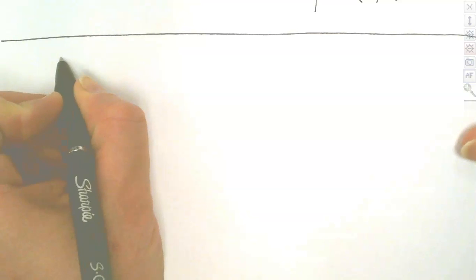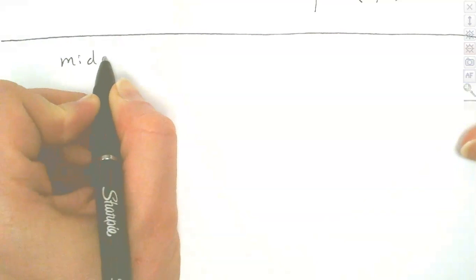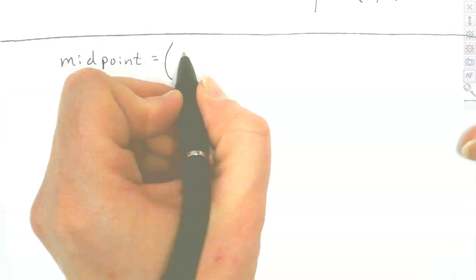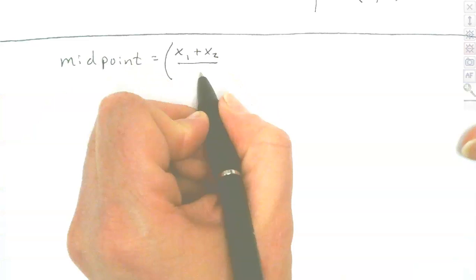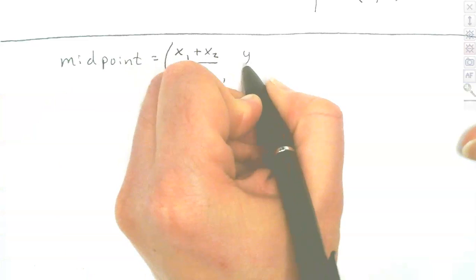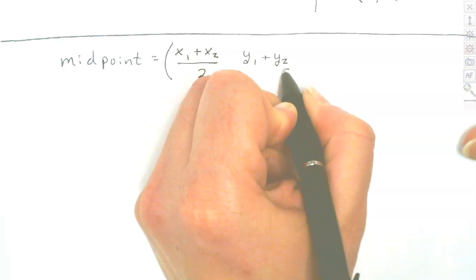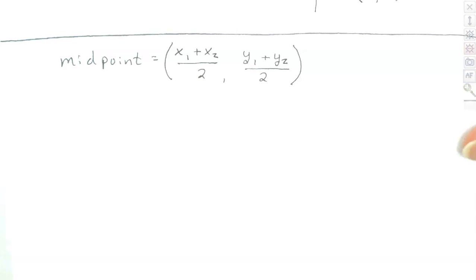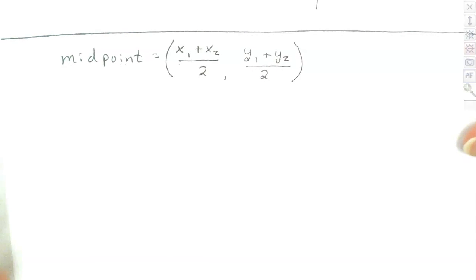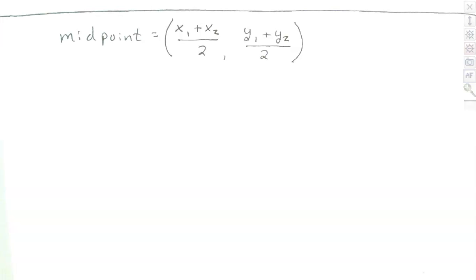So our midpoint formula is this. Our midpoint formula is x1 plus x2 over 2 and y1 plus y2 over 2. And we also have a distance formula. We'll use the midpoint formula first, and then we'll come back and use the distance formula.